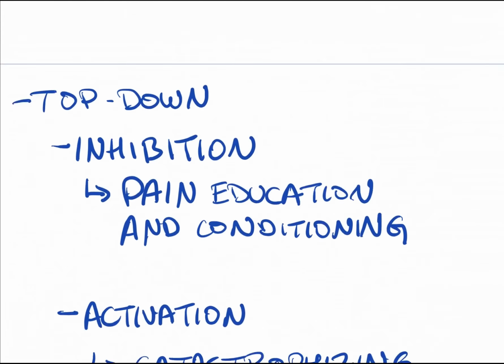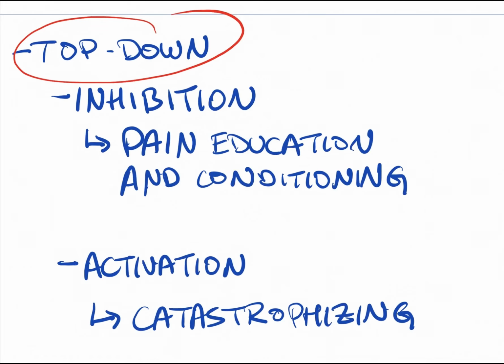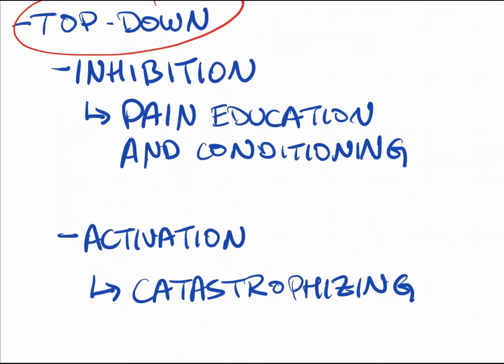Now let's talk about top down, which is basically coming from the brain down into the tissue. And as usual, there's inhibition where you feel less pain and activation where you're feeling more. In terms of top down, basically everything is related to what you know is happening. Do you know exactly what's going on with the pain that you're feeling?